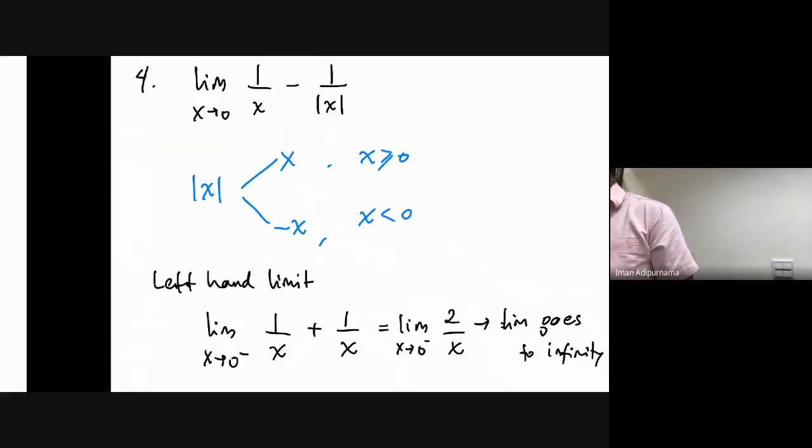Anytime you get an absolute value like this, you need to think how it can happen. It can happen with positive x or negative x, it depends on x, right?